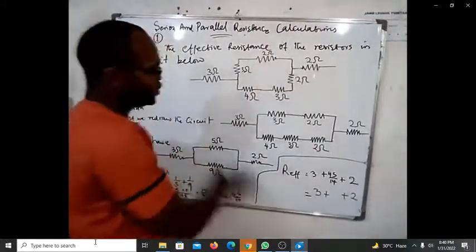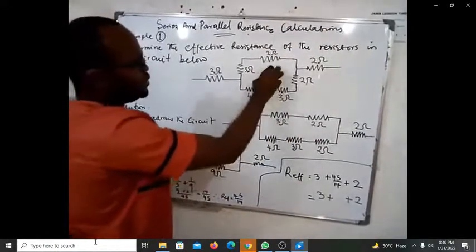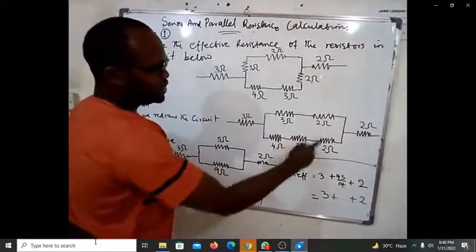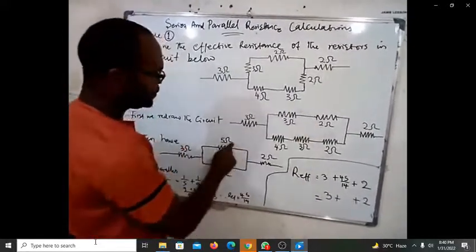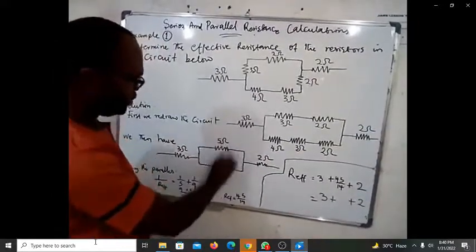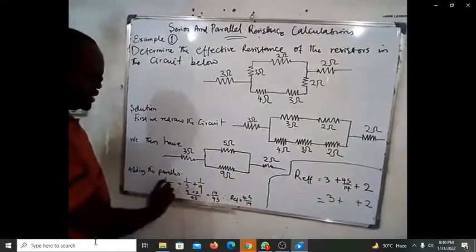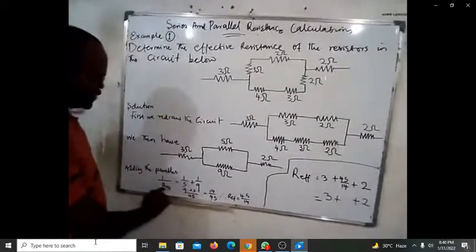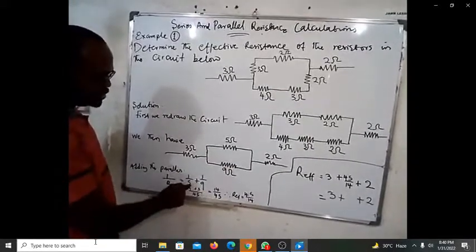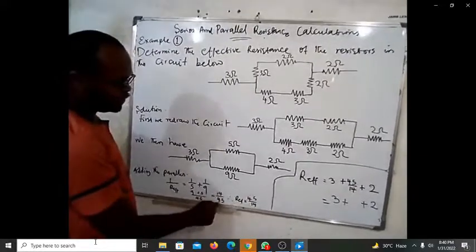So you look at the procedure that I've taken. First of all, you have to redraw this circuit to give you this. Pick out the ones that are in series easily: 3 plus 2, 5. 4 plus 3 plus 2, 9. Add this one up using the formula for calculating the resistance in parallel, which is 1 over effective resistance equal to 1 over the individual resistors, which are 5 and 9, to give us 14 over 45.